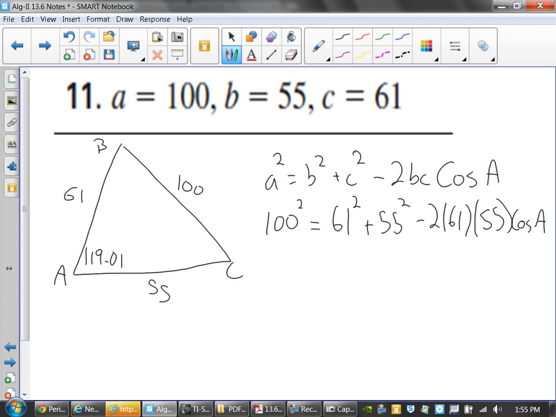You might have typed the wrong number. If anything, you might have typed in the 61 squared plus 55 squared plus 100 squared, and then you divide by the negative 2 times those. So that's 100 squared minus the other 2.